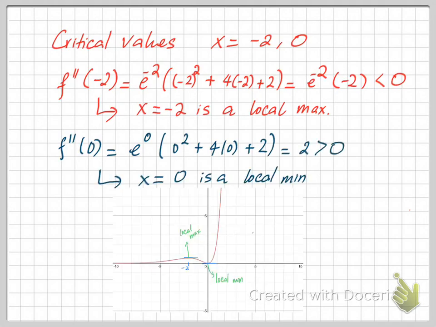Similarly, if you plug 0 into the second derivative, you get a positive value. So x equals 0 is a local minimum. And here's the picture of the function again, just to make sure that we got the right answer. At x equals -2 it achieves a local maximum, and at x equals 0 it achieves a local minimum value.